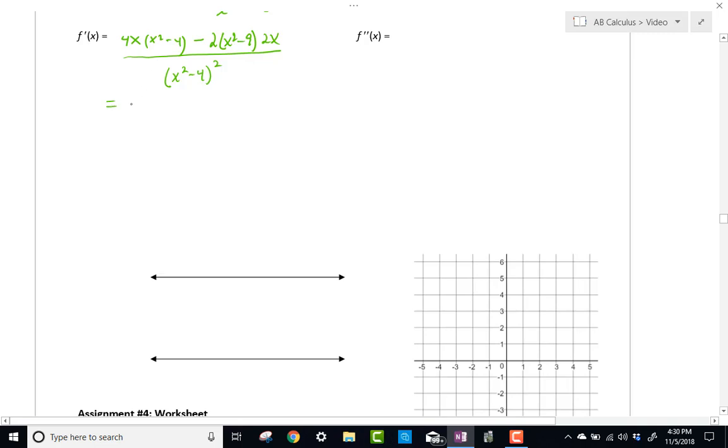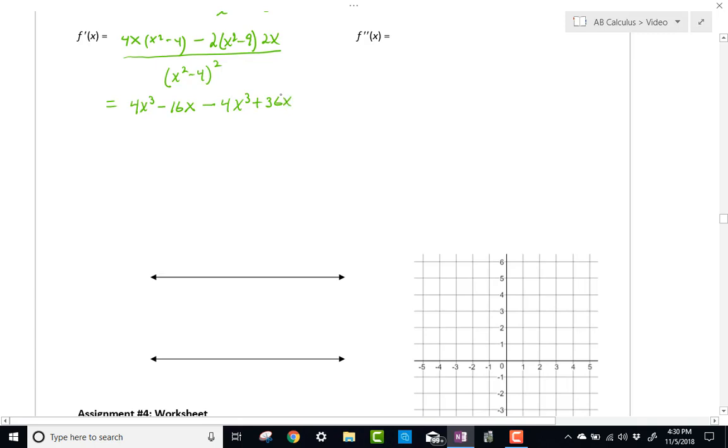So we're going to end up with 4x cubed minus 16x. On the right side, you've got the 2x times the 2, so that's going to be 4x, and then 4x times x squared is going to be negative 4x cubed. And then negative 4x times negative 9 is going to be positive 36x.